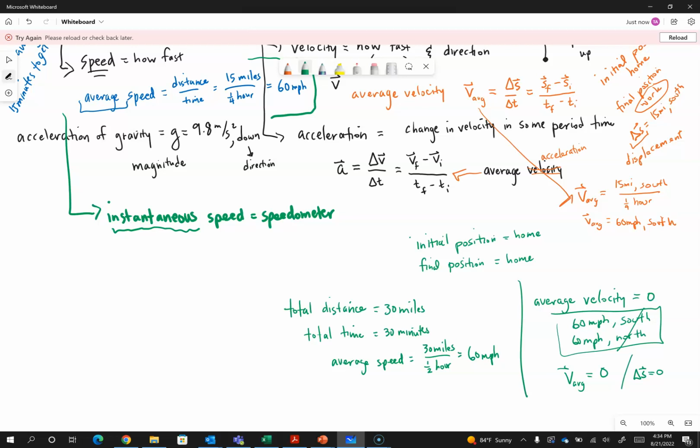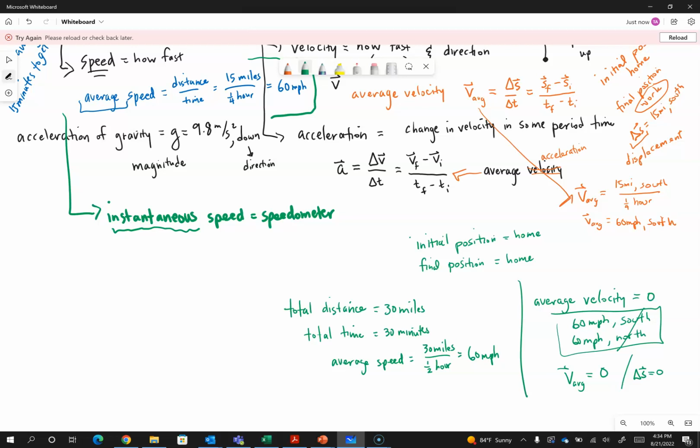If I end up where I start, my final position is home, my initial position is home, there's no displacement overall. It doesn't matter how much time it took. No displacement overall leaves us with an average velocity of 0.